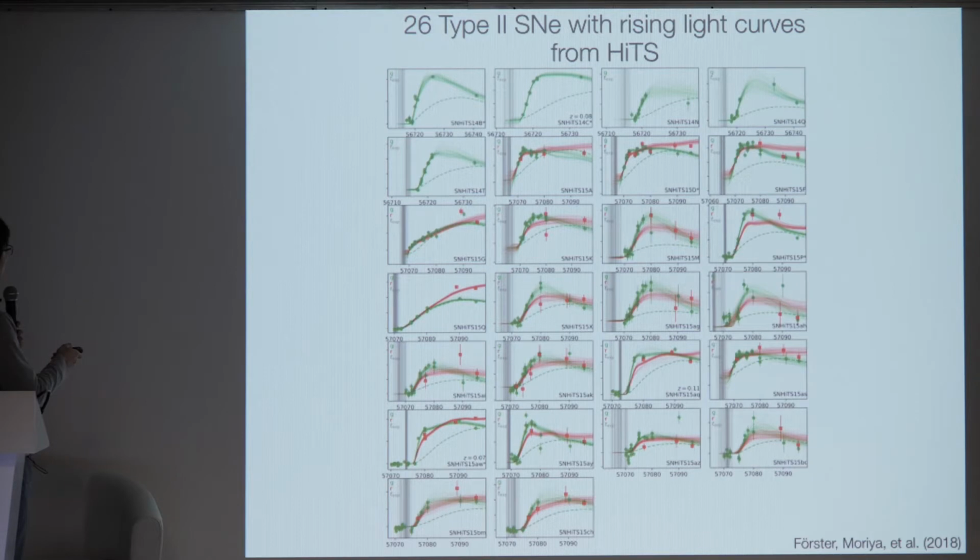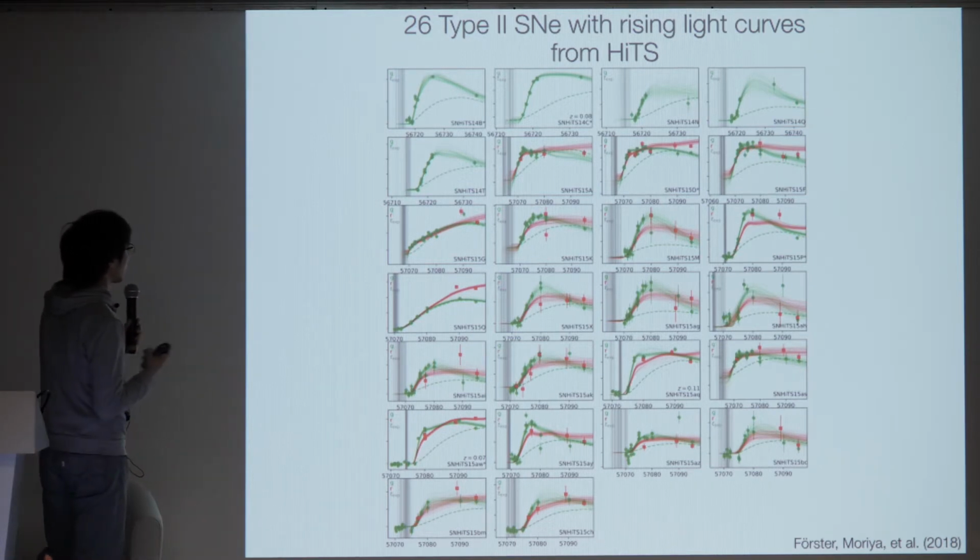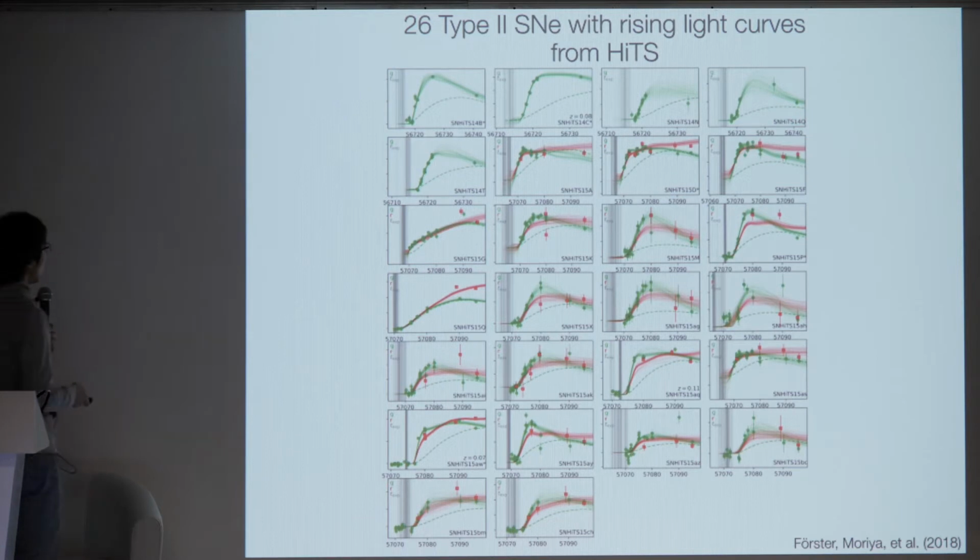Green is in the G band, and in some cases you also see red, and that's the R band. So we have sometimes different bands. These dashed light curves are the model without circumstellar matter.